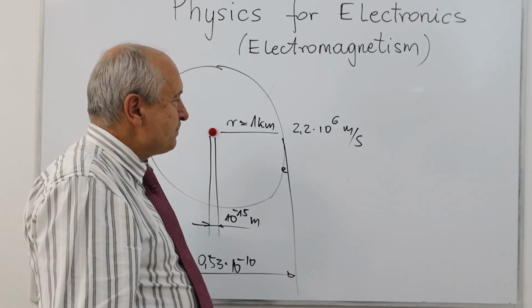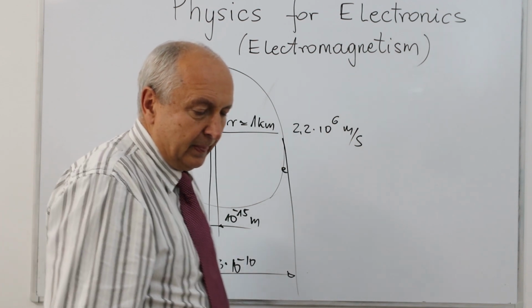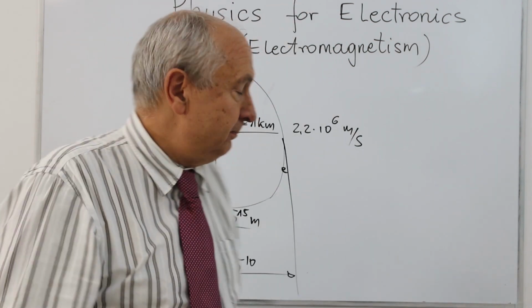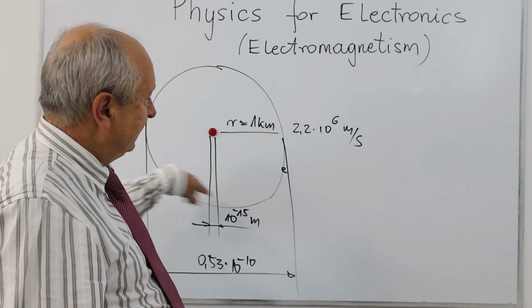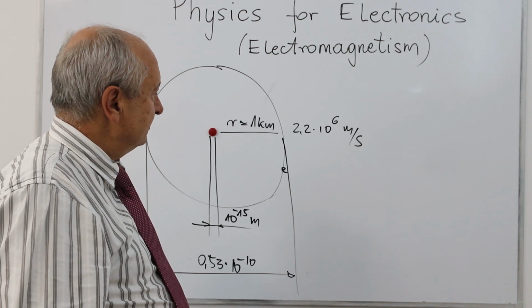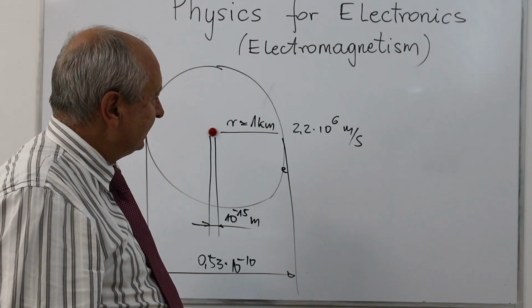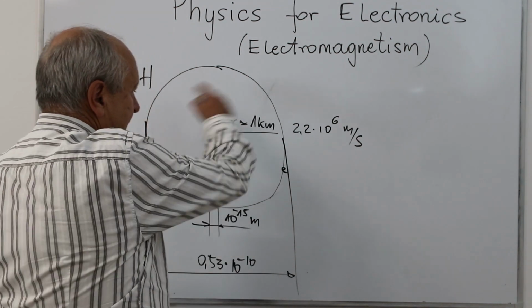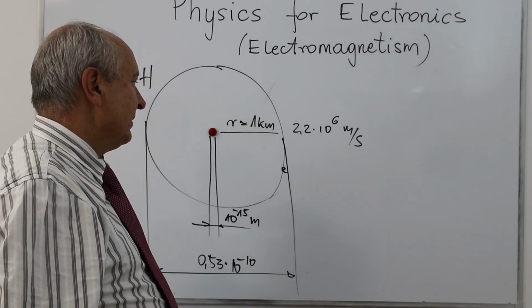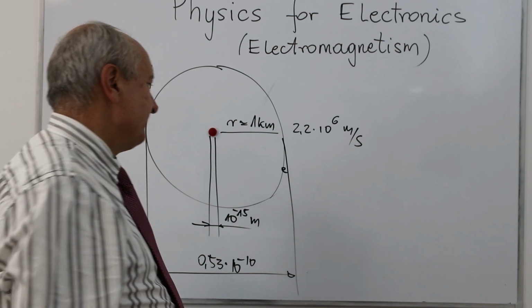And how often, what is the number of revolutions around the nucleus during 1 second?